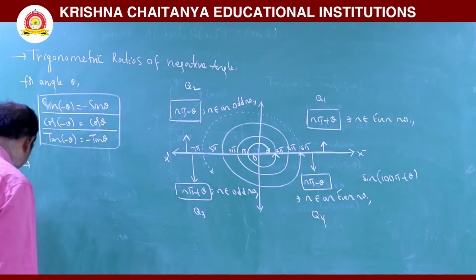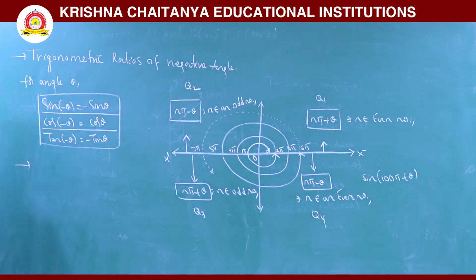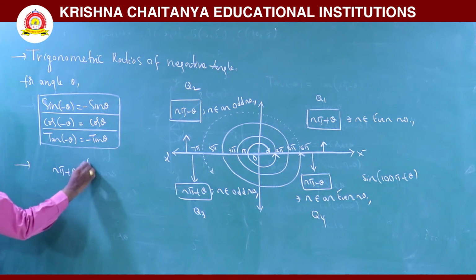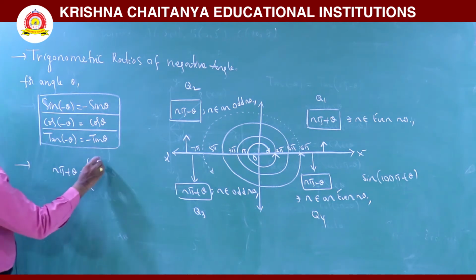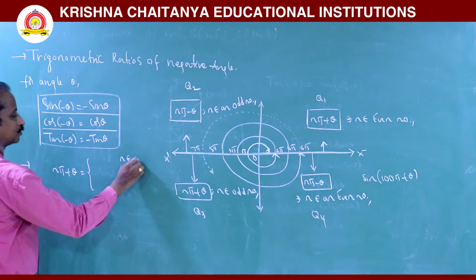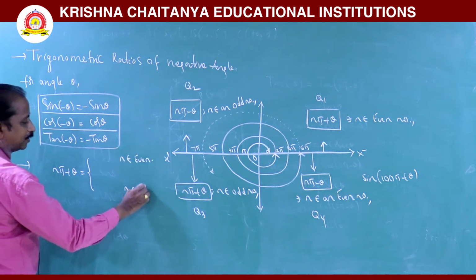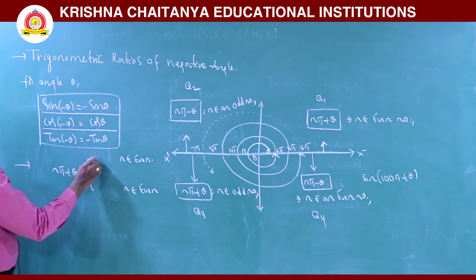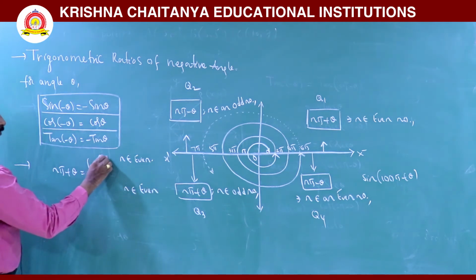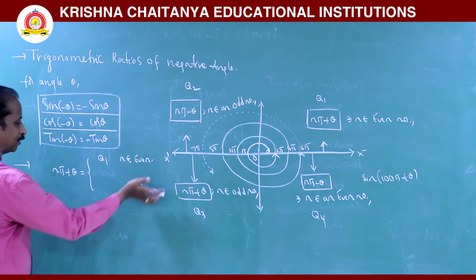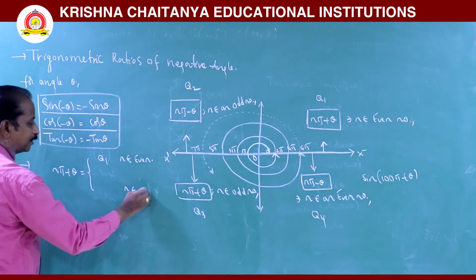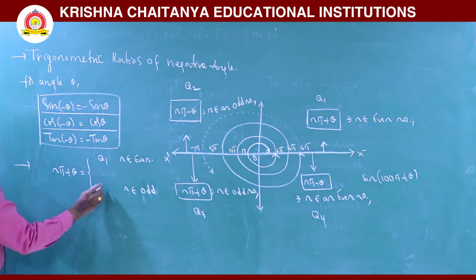So keep in your mind one more objective technique. What is that? n pi plus theta: if n belongs to an even number, it belongs to quadrant 1. If n pi plus theta with n odd, quadrant 3.